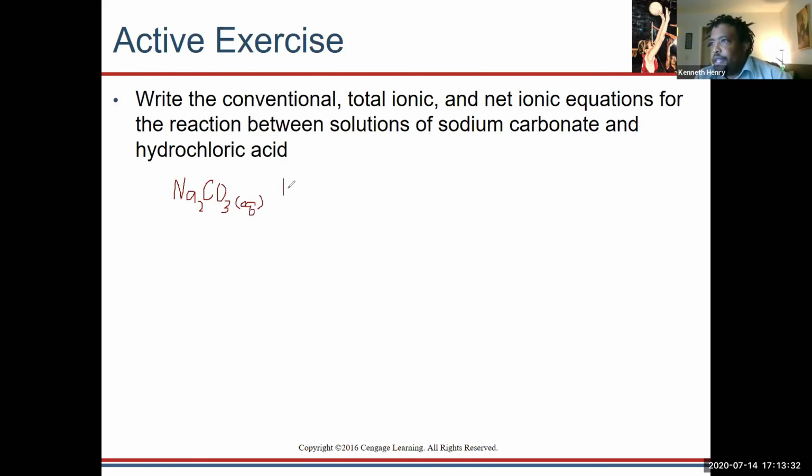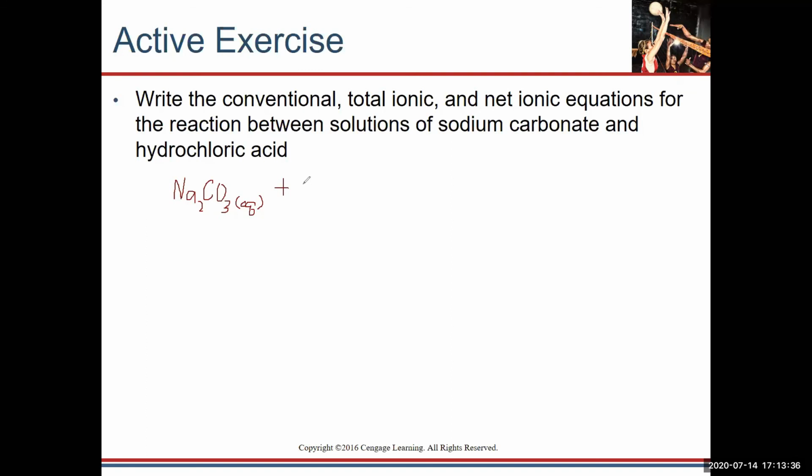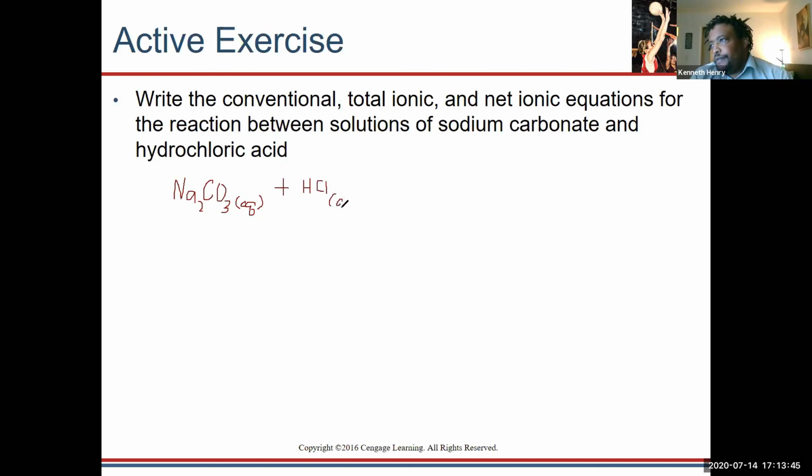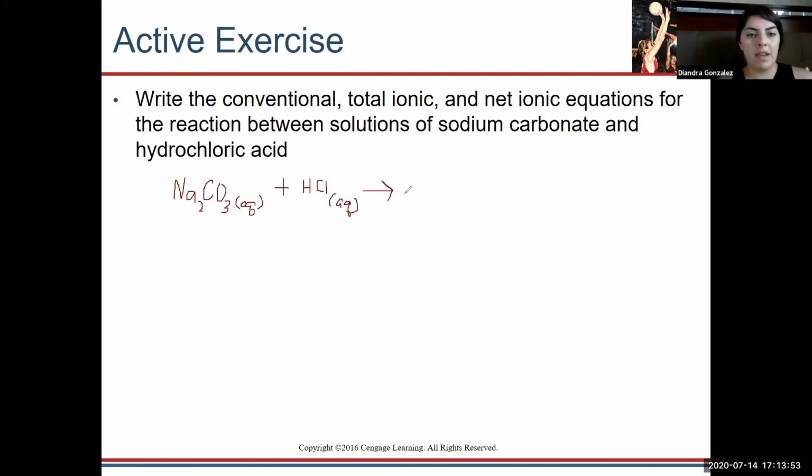And it reacts with hydrochloric acid. What does hydrochloric acid look like? HCl. And it's going to make? So you're going to combine, so it's going to be NaCl.